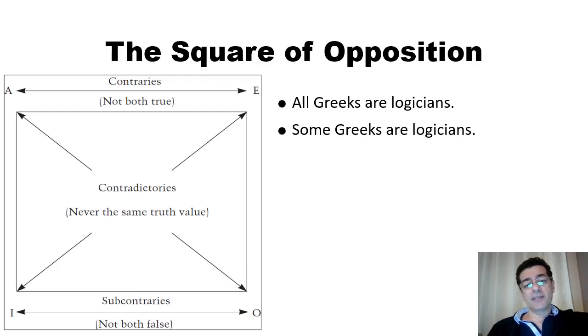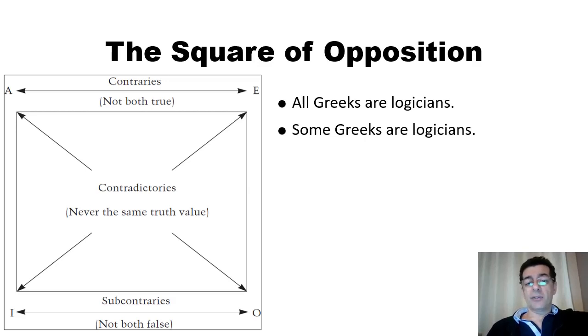For instance, if I say all men are mortal, and that is true, then definitely we can't say no men are mortal. The I and O claims are called subcontraries. They can both be true, but they can't be both false.